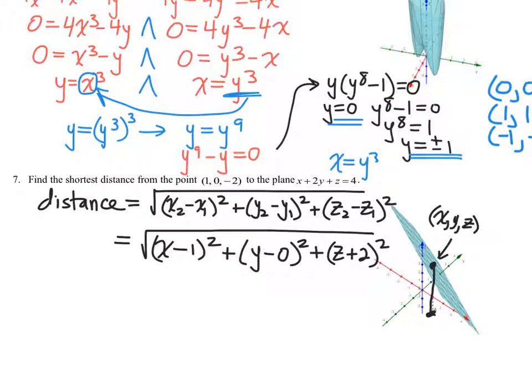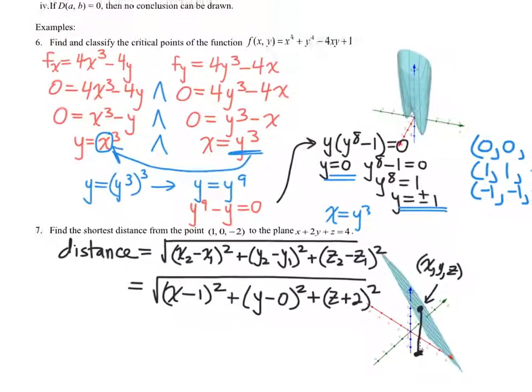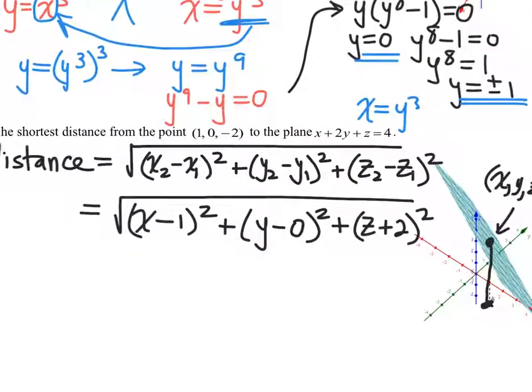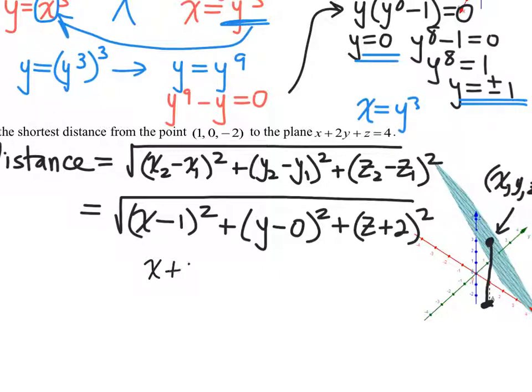But if you really think about it, just going back to the last example, we were working with a function in terms of x and y, not a function in terms of x, y, and z. So we have to make an adjustment. The good news is we have a relationship between x, y, and z. x plus 2y plus z is equal to 4, which means that z is equal to 4 minus x minus 2y.